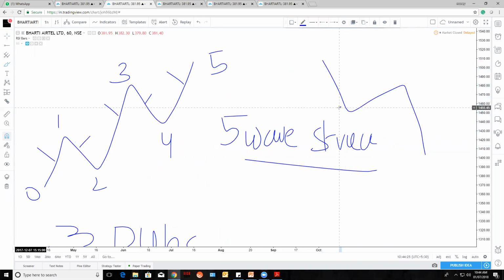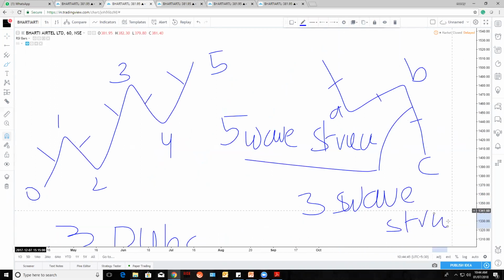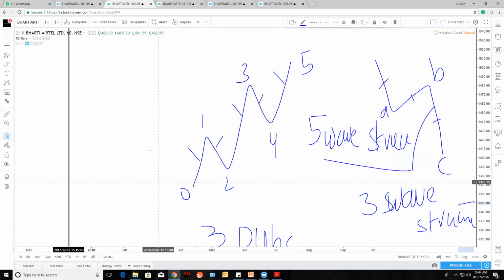Let's say this is A, this is B, and this is C. This is wave A, wave B, and wave C. It is called a corrective wave, a 3-wave structure. It means one impulse wave followed by a correction.